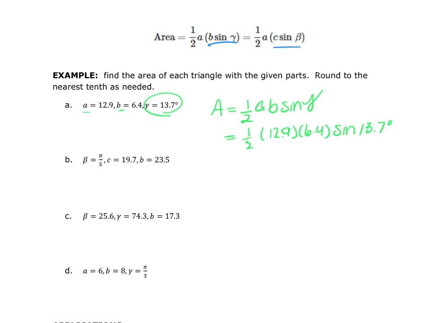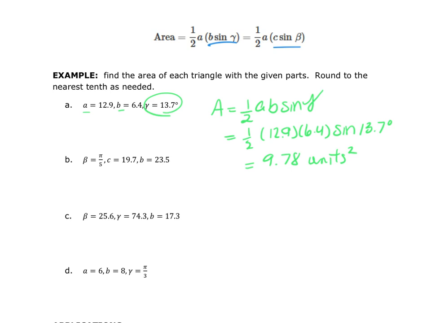So 12.9 multiplied by 6.4 divided by 2 multiplied by the sine of 13.7. And I end up with an area equal to 9.8, we'll round to there. And then I don't have any units, so it'd be units squared. So square units.